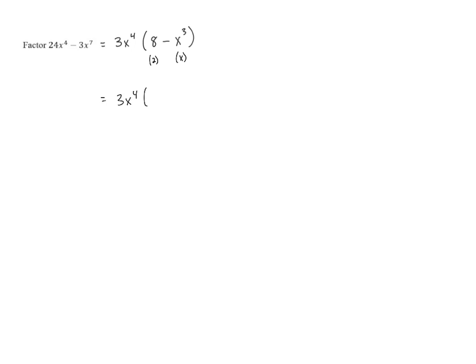So we take the first minus the last, 2 minus x, and then we multiply that by the first one squared, 4, plus the product, 2 times x is 2x, plus the last one squared, x squared. And now we have our final answer, 3x to the fourth times 2 minus x times 4 plus 2x plus x squared.